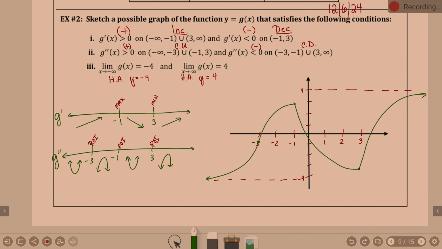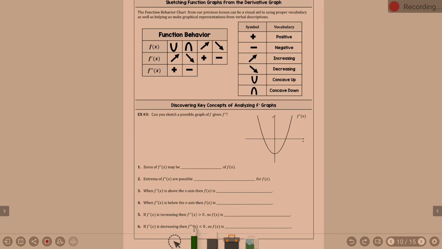This is curve sketching, right? We just sketched a curve based on the criteria they gave us. On the next page, they gave us this chart in the previous lesson: kind of your codes, positive, negative, increasing, decreasing, concave up and down. You've seen me use those. This is your chart that connects them.